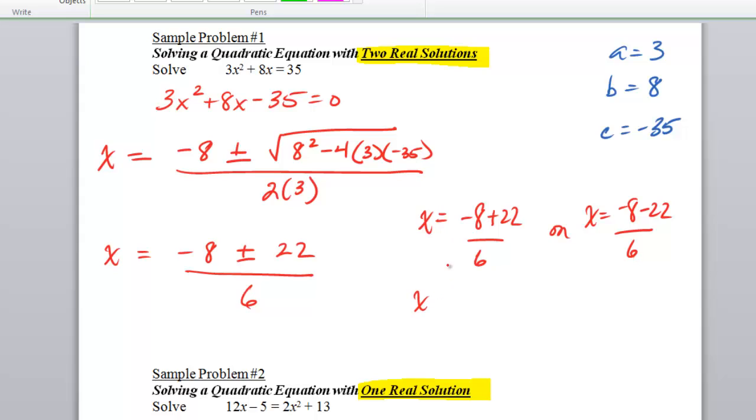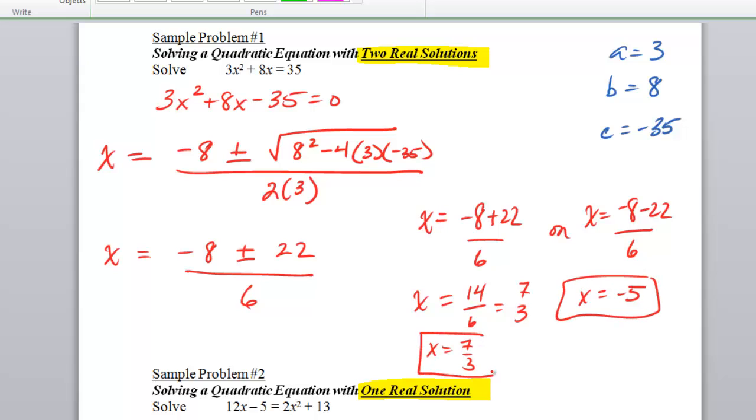And then I can get my two solutions for each of these. Of course we need to reduce any fractions, and x is going to be 7/3 or negative 5. And so that's how we would use a quadratic formula.